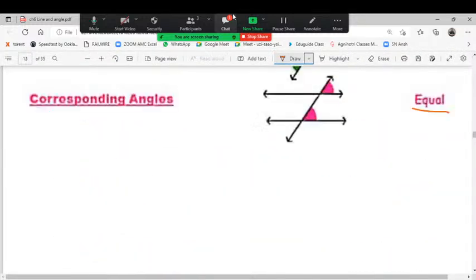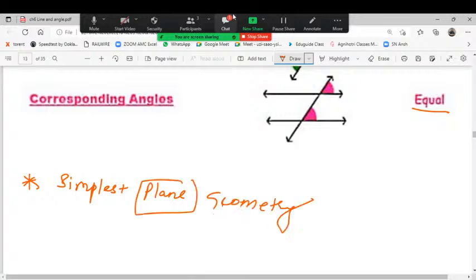A triangle is a geometrical entity, the simplest plane geometry. Plane geometry is something that has two dimensions. That means I'm going to consider a two-dimensional figure from today onward. And what is that two-dimensional figure?